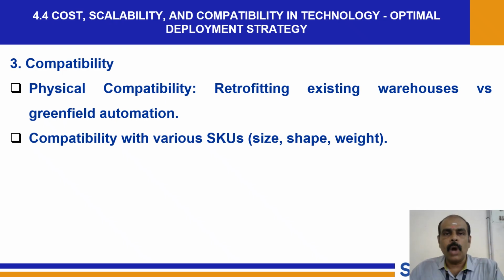Then came the new 100, new 200, new 500, new 2000 rupee notes. Think of whether ATM machines were changed. No, the same machines, but they were recalibrated. That is what compatibility with various SKUs is. Sizes will change, still the same machine has to be used. So we do some recalibration or some retrofitting, some minimal work, in order to accommodate such changes. That is the beauty of compatibility.